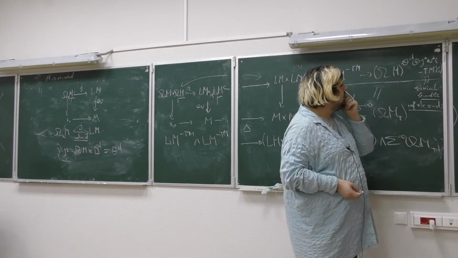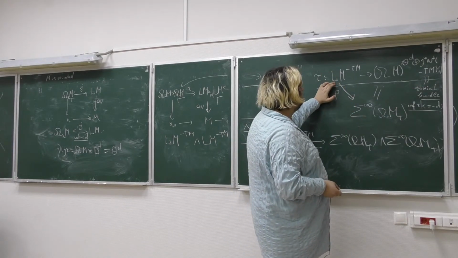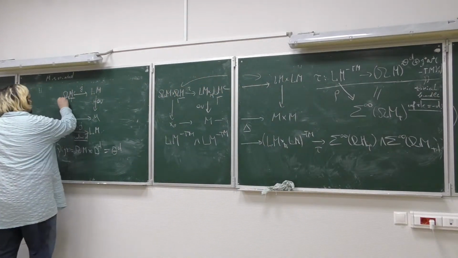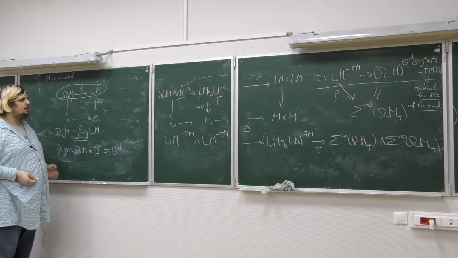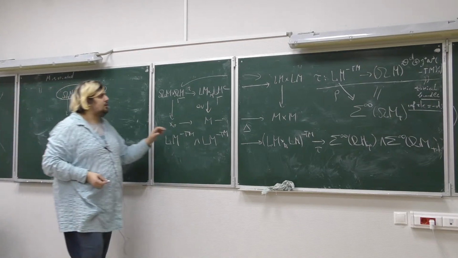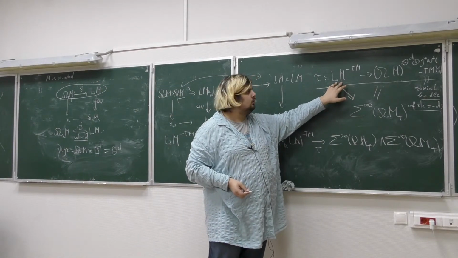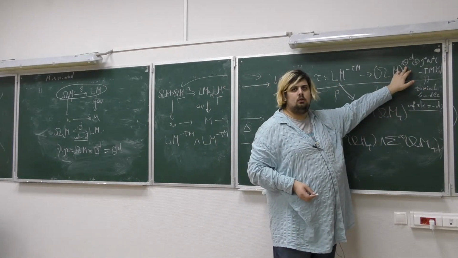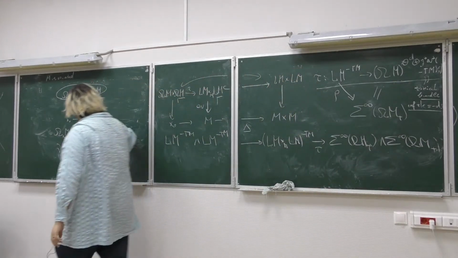Okay, so once again, let me repeat. We have this inclusion, right? We can take a bundle minus TM over LM. So the normal bundle is trivial, because we're pulling back over a point.